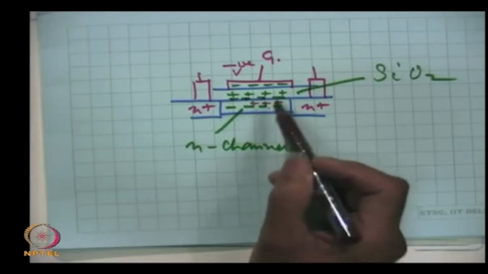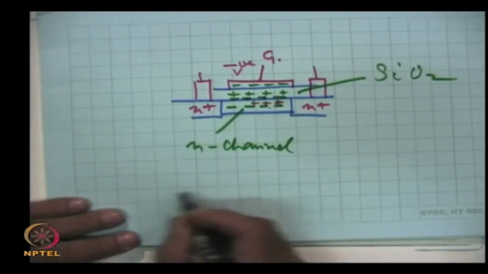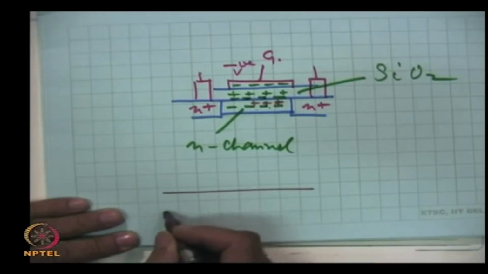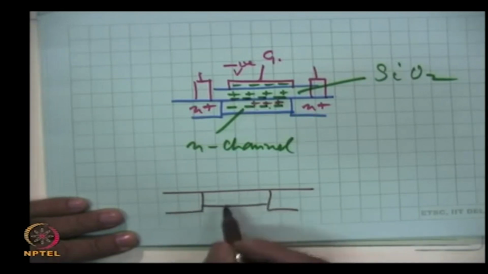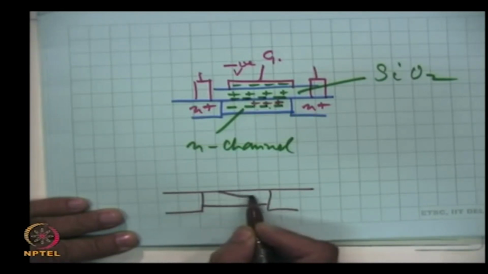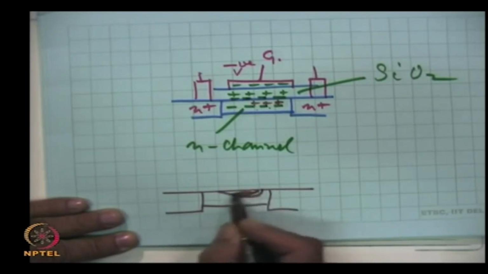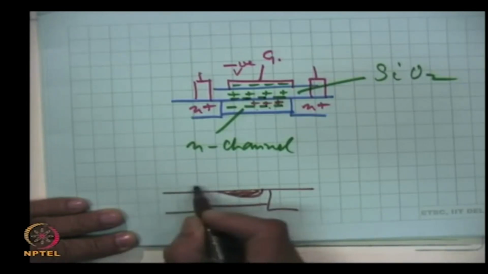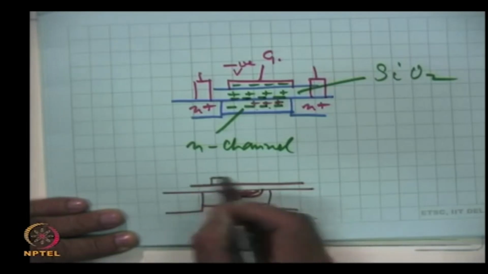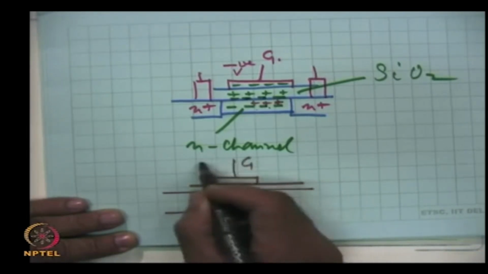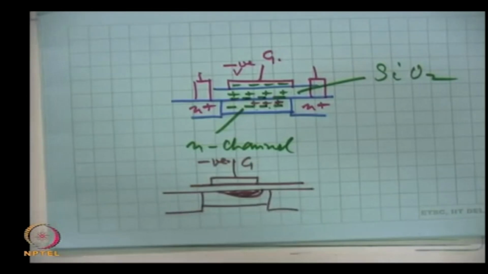So, therefore, in this region, this is the channel. Now, this is the depletion region which will occur, and this is of course the oxide, and this is the gate negatively charged.